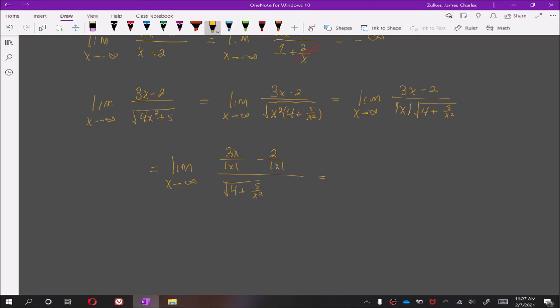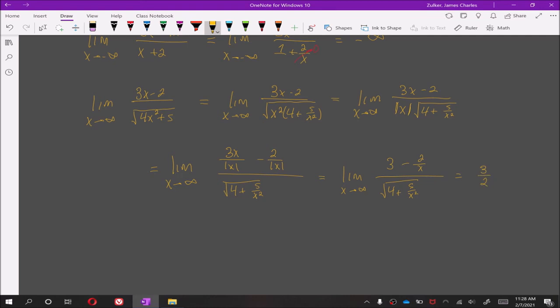Since x is going to positive infinity, absolute value of x is just positive x. So we'll have 3 minus 2 over x over the square root of 4 plus 5 over x squared. This is 3 over root 4, which is 3 halves.